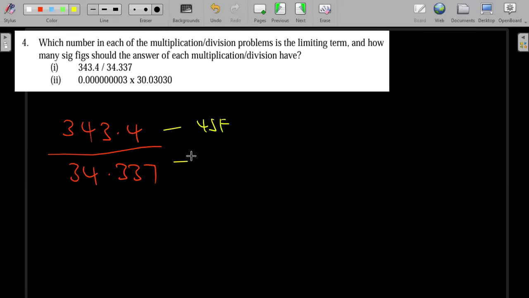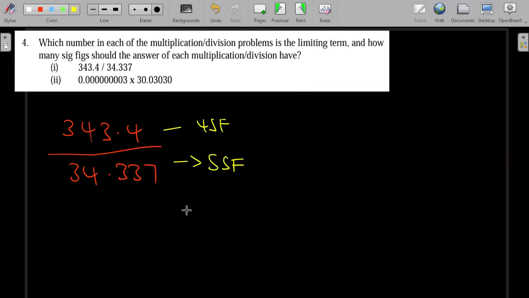So when you look at this one here, we have 343.4 divided by 34.337. Which one is the limiting term? The one on top has 4 significant figures, and the one below has 5 significant figures.